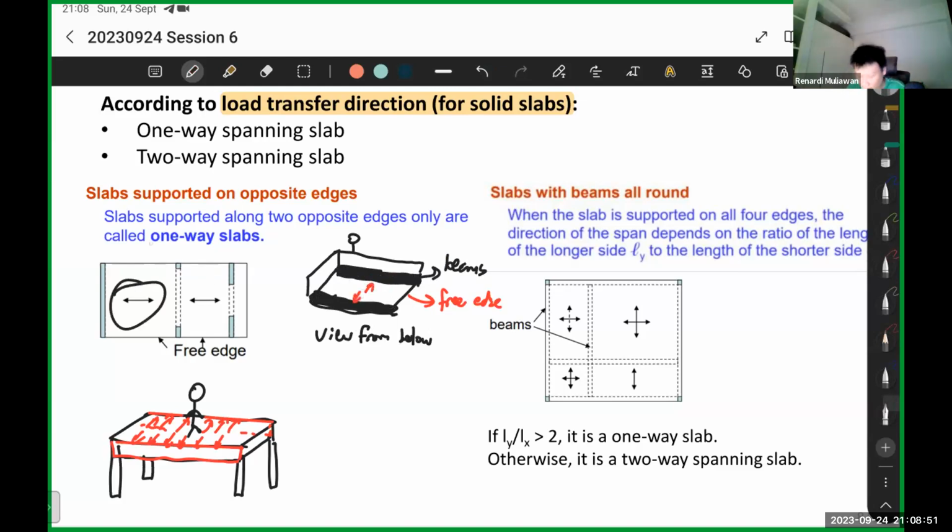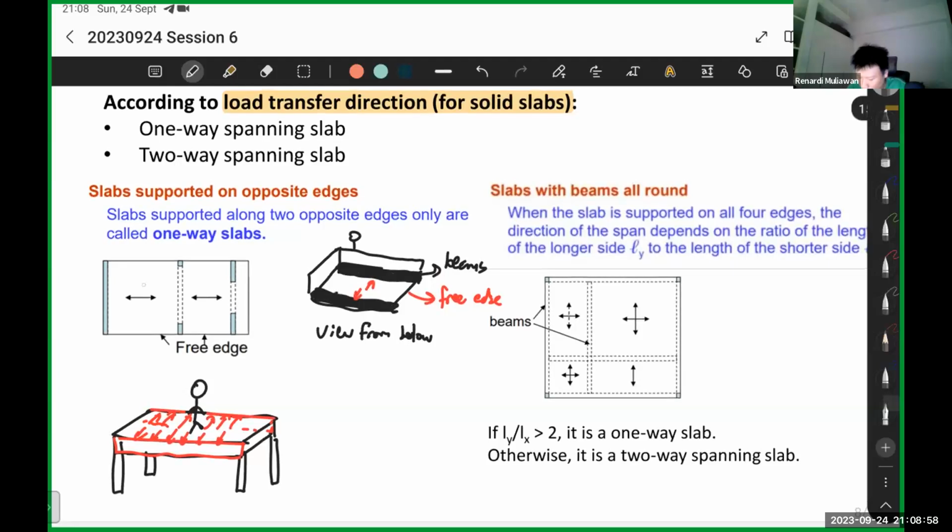Since these two lines are free edges, there are no beams on those sides, so the load must be transferred to these two beams for this slab. So a slab supported on opposite edges will be confirmed a one-way slab, because it can only transfer load onto the two beams.